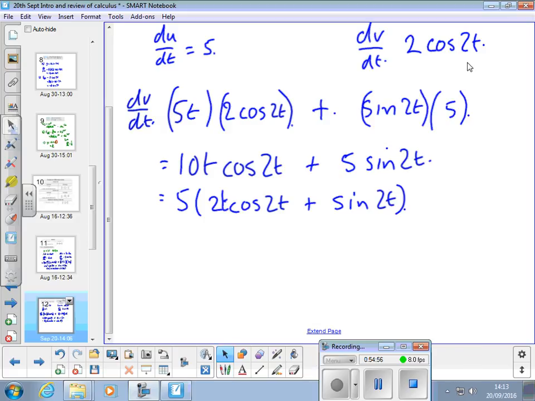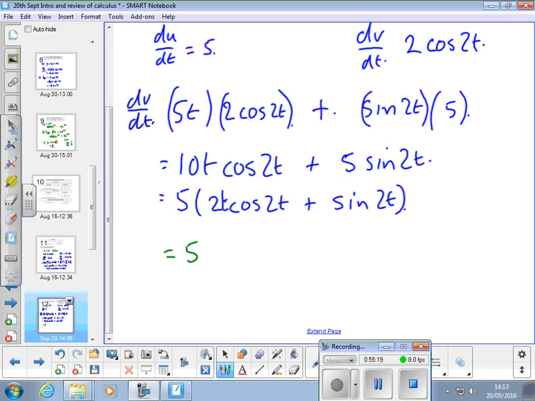So what the other part of that question is saying is find the value of that function, dV by dt, the rate of change of voltage, when time is equal to 0.2 seconds. So we just substitute t is equal to 0.2 into that equation.